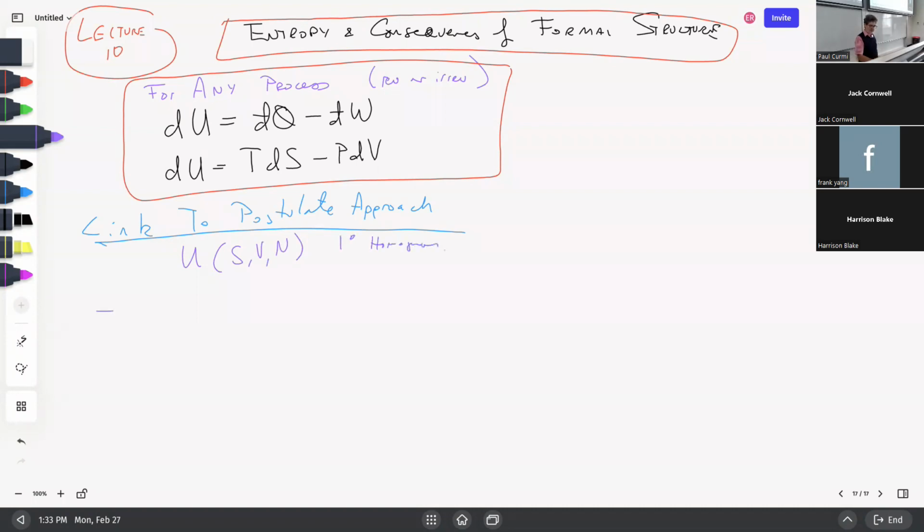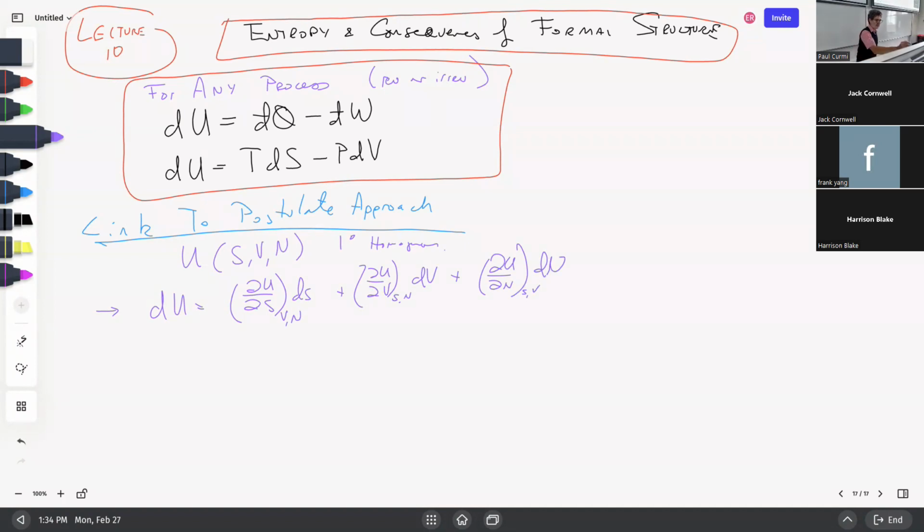And I got my differential form: dU is equal to (∂U/∂S) at V,N dS plus (∂U/∂V) at S,N dV plus (∂U/∂N) at S,V dN, and this is my temperature.